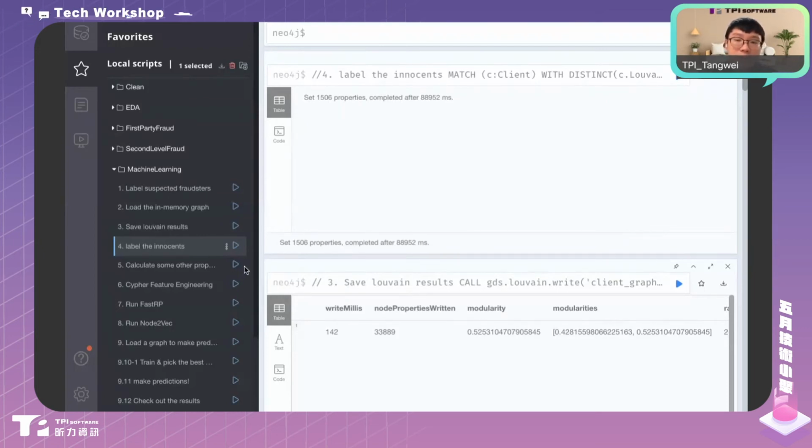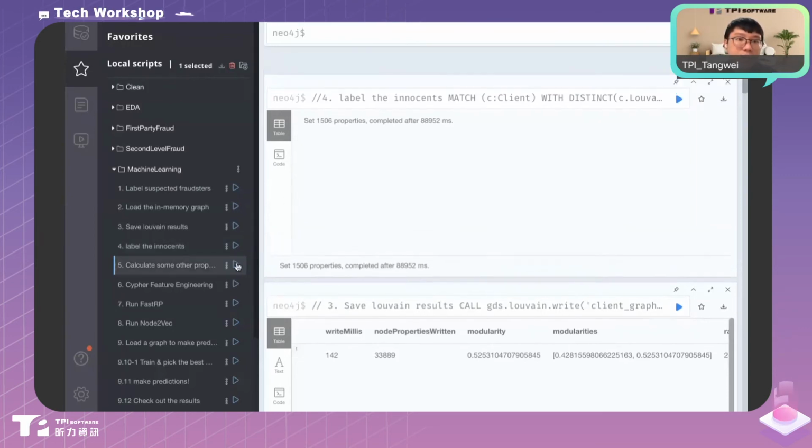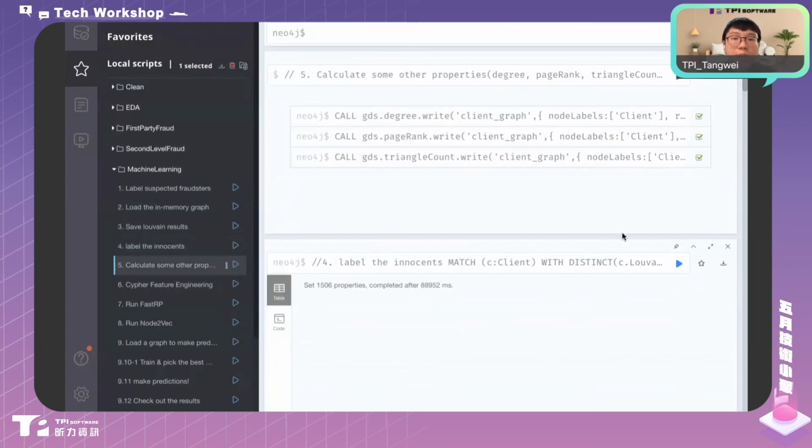Okay, so the next step, we will calculate some other properties. So in this step, we will calculate some other properties in our PaySim dataset, such as the degree, PageRank, or triangle count as our other properties for our machine learning pipelines.